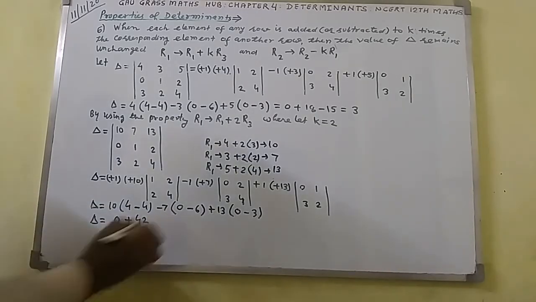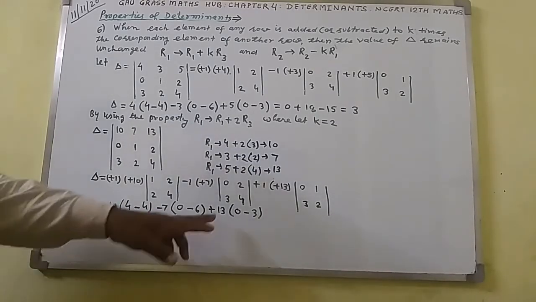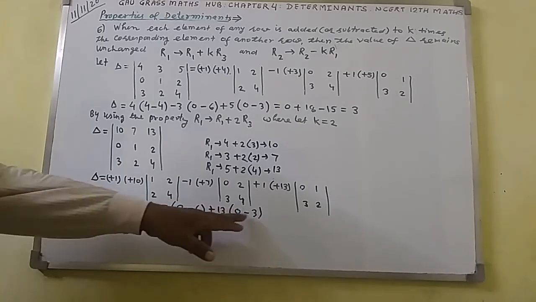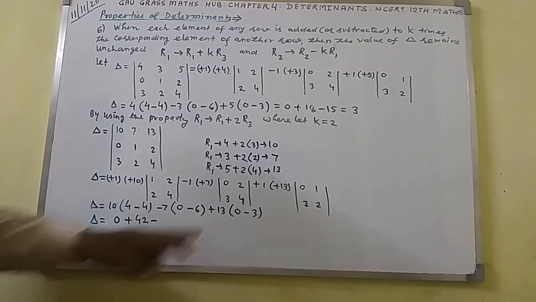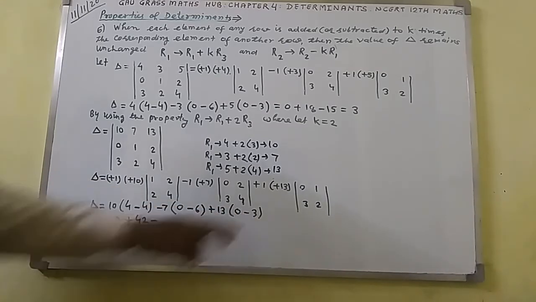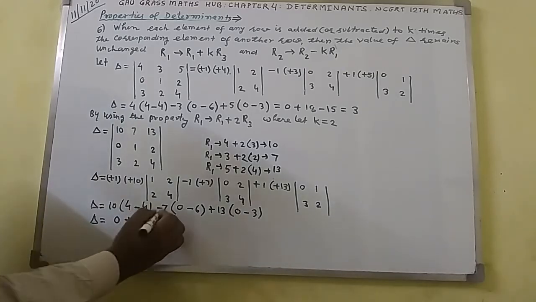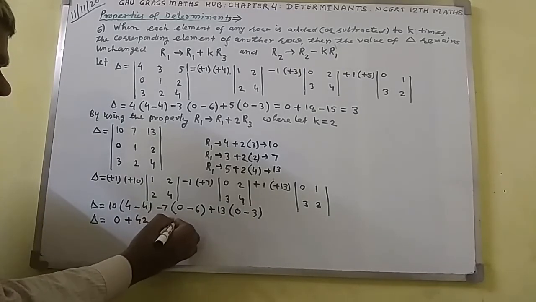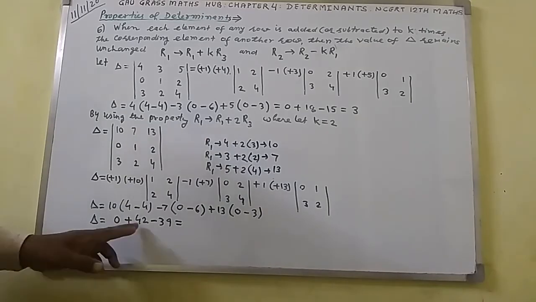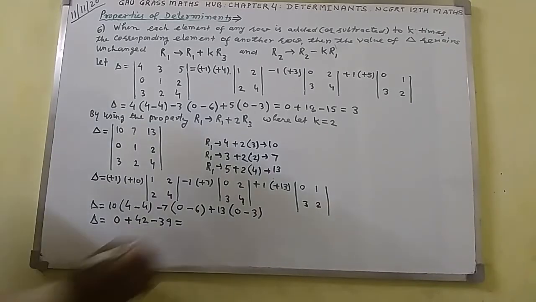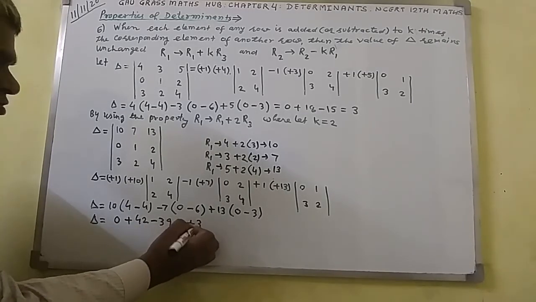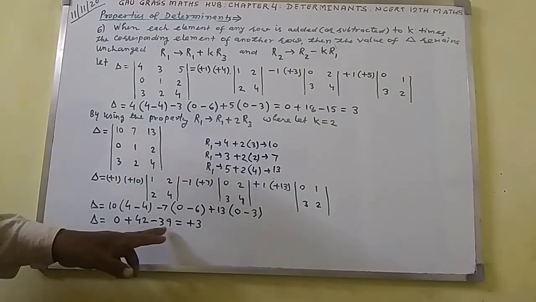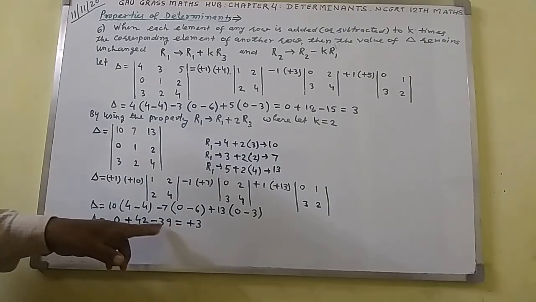Here minus I shall write. Plus and minus will multiply together. Get here minus. 13 will multiply to 3. 13 times 3 is 39. Now 42 minus 39 comes out to plus 3. Plus 3.